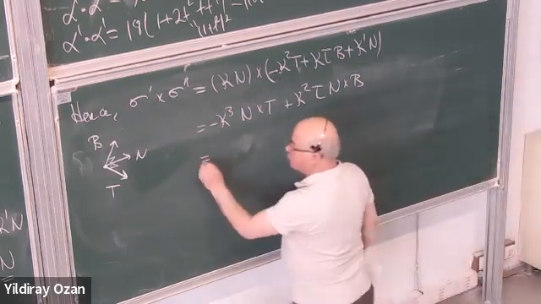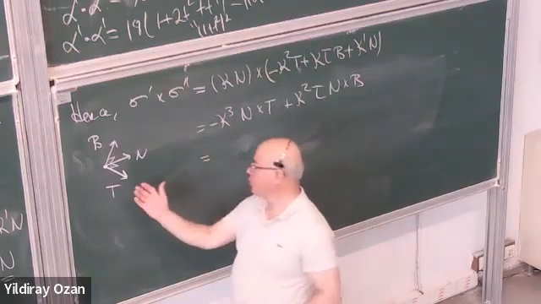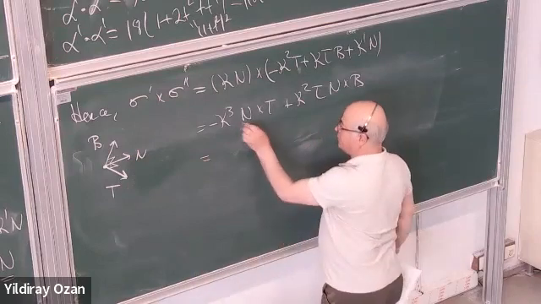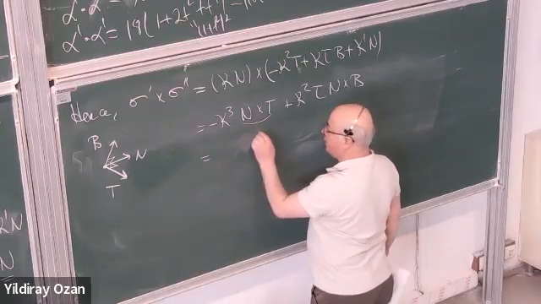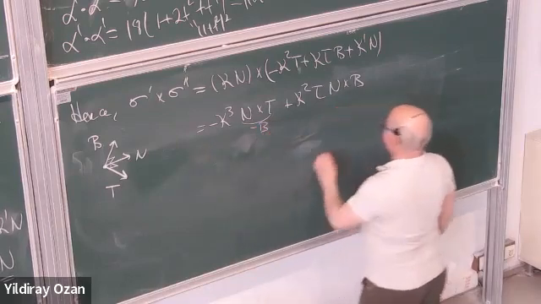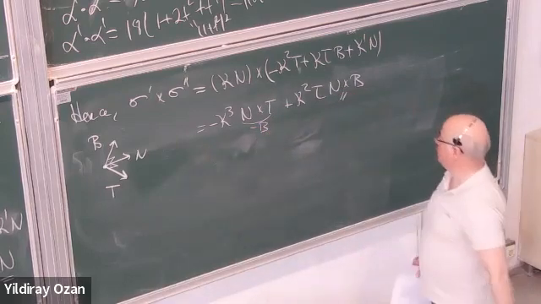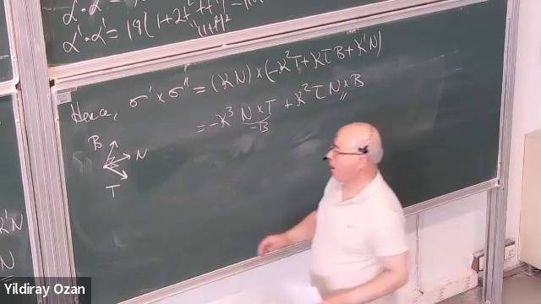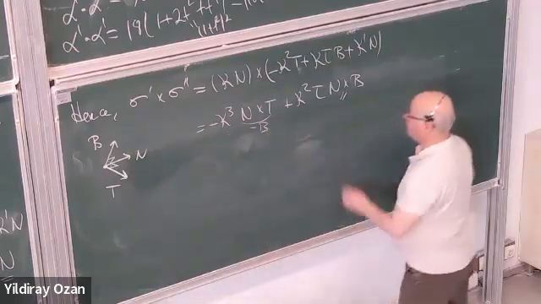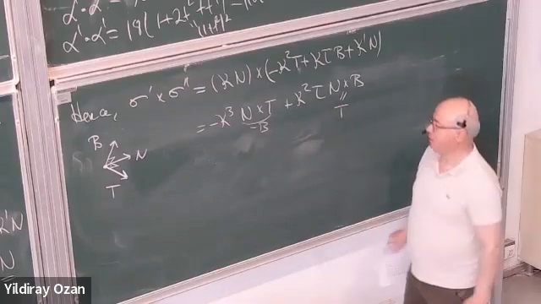What is n cross t? N cross t is minus b, right? This is just minus b, and n cross b is just t.